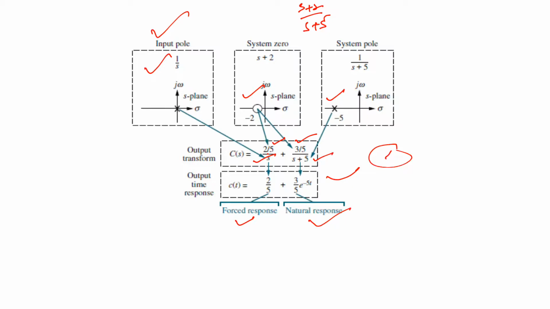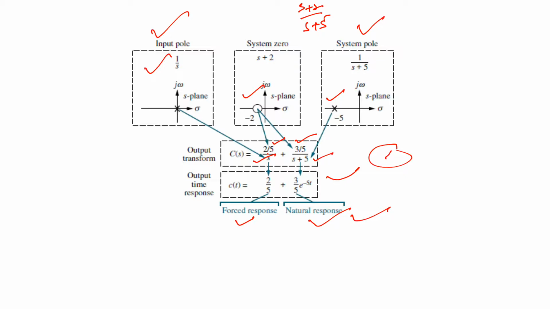Now the second one is that a pole of the system transfer function, s plus 5, generates the form of the natural response. It will generate e raised to the power minus 5t.